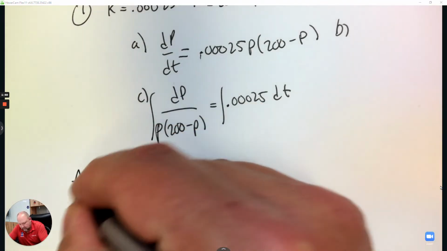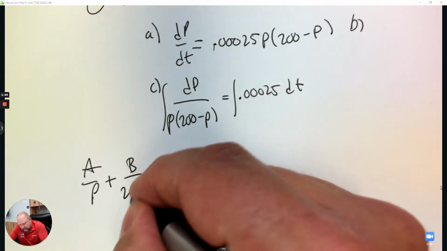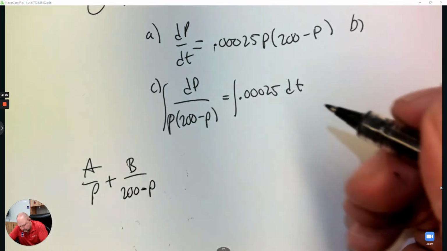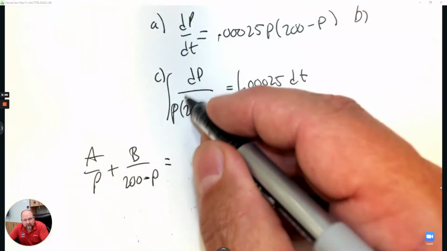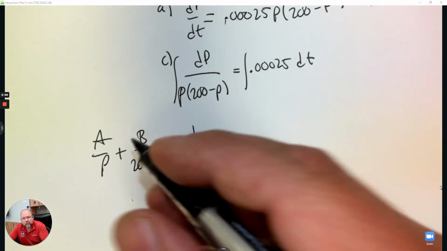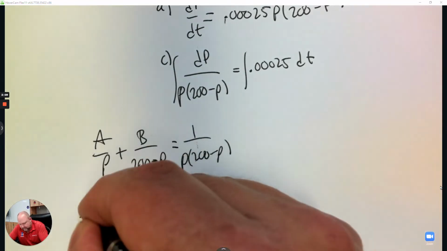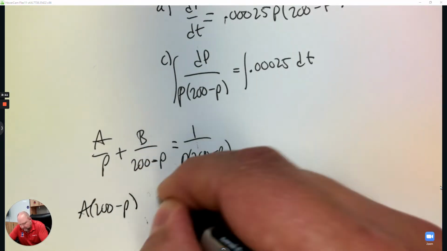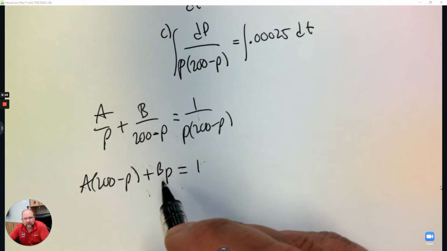To integrate this, I need partial fractions, so I'm going to show that work. A over P plus B over 200 minus P, and that's equal to 1 over P(200 - P). To get common denominators, multiply by 200 minus P, and multiply by P. That's just the numerators.